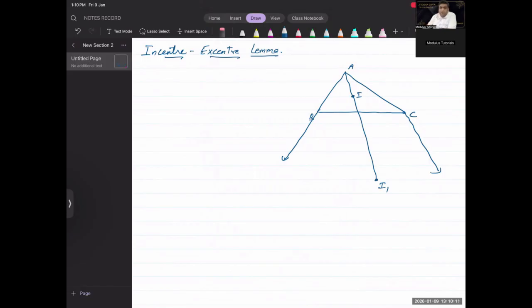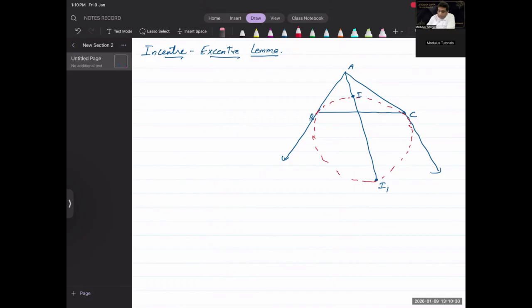So guys, we already know that B, I, C, I1, there is a circle that can pass through these 4 points, right? So let's draw that. There is a circle passing through these 4 points because they are concyclic, already taught to you.